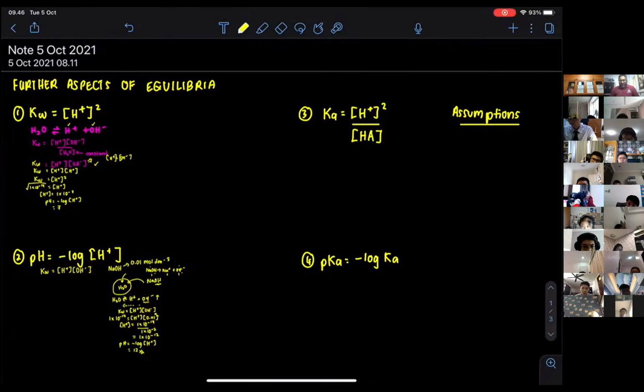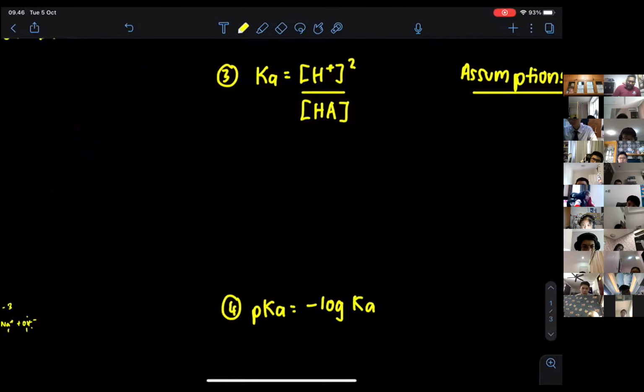What is Ka? Basically, if you have a weak acid, generally they will have this reversible equation. What does it tell me? Only a certain portion of the HA is partially ionized to give you H plus and A minus.